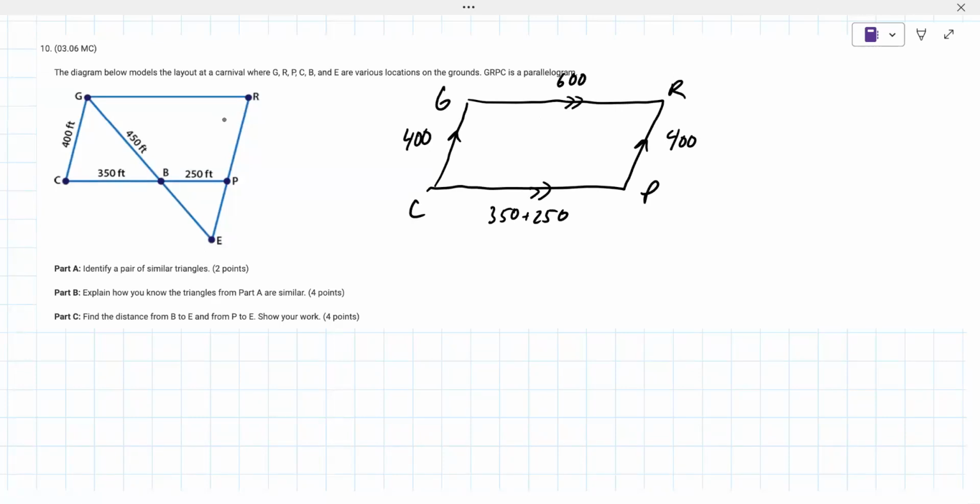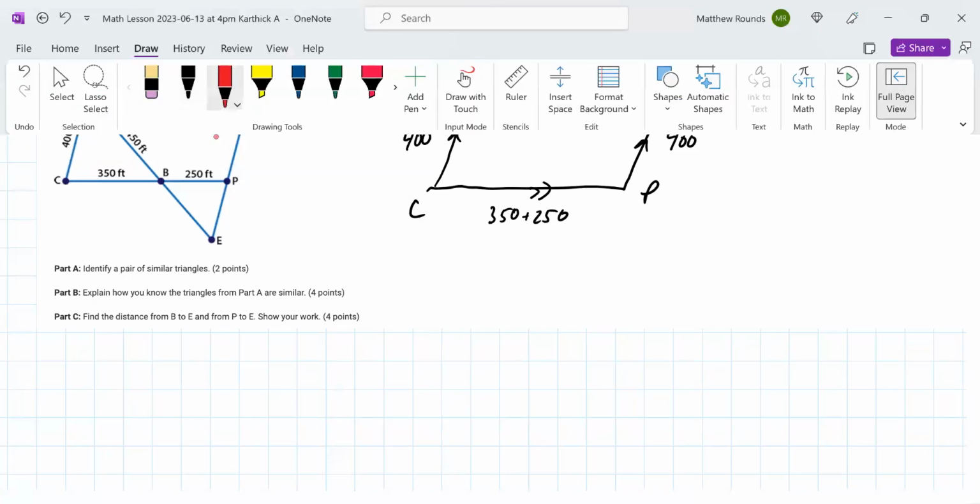All right. It also helps with what we've been trying to figure out in terms of similar triangles. The parallel lines really help to do this. So let me see if I can show that.